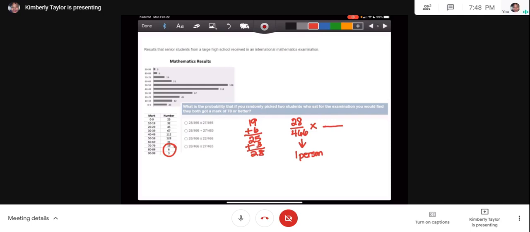So the second person is going to be 27 out of 465. So this is my first person, and this is the second person. Once I multiply that together, it's going to tell me the probability of picking two students who scored 70 or better. So looking at my answer choices, I am going to select this last one here.